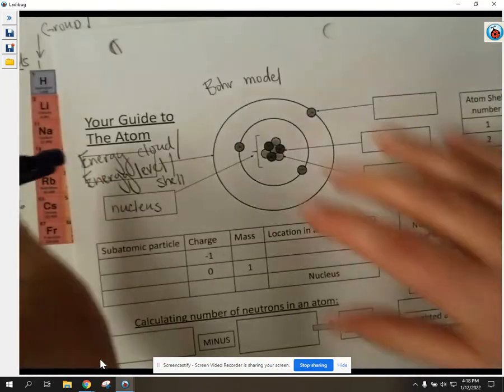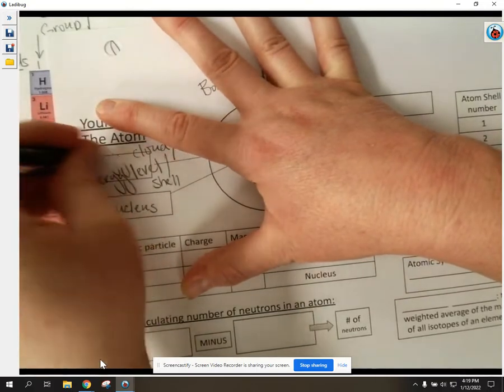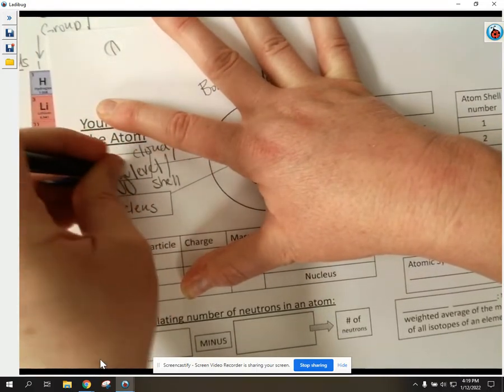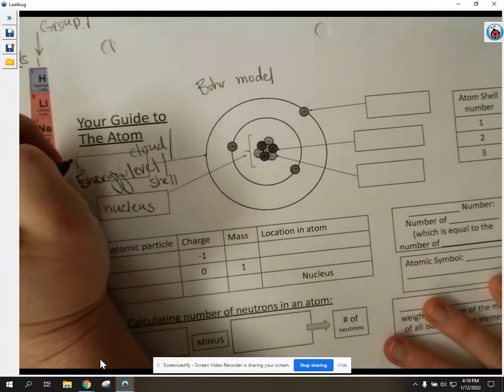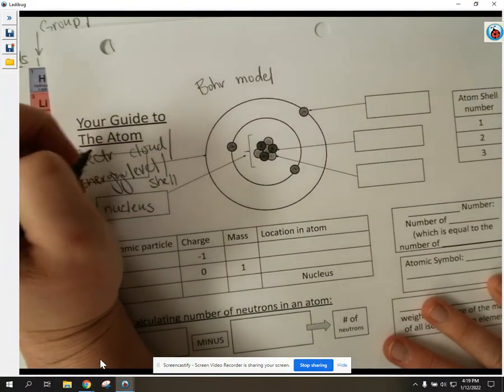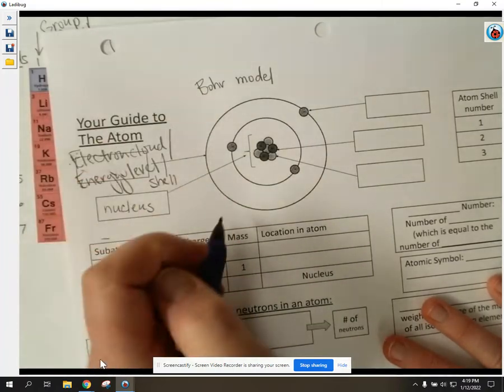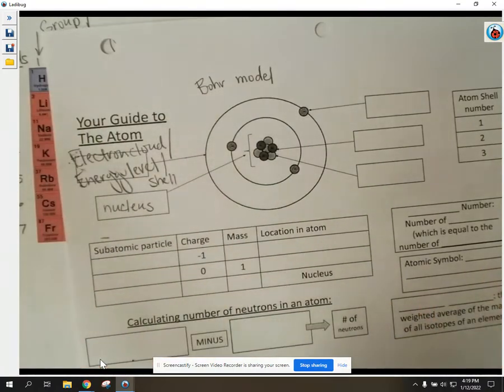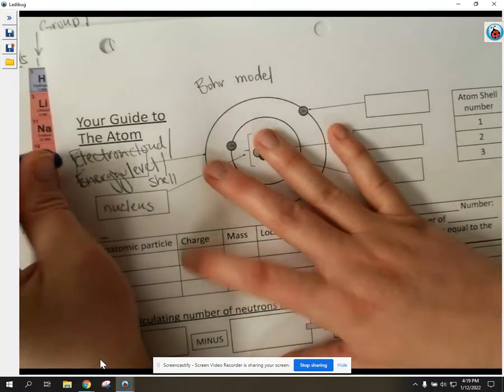And actually, now that I think about it, we really don't call it an energy cloud. We call it an electron cloud. So an electron cloud is just this whole area. And then each one of these is an energy level, sometimes called a shell.